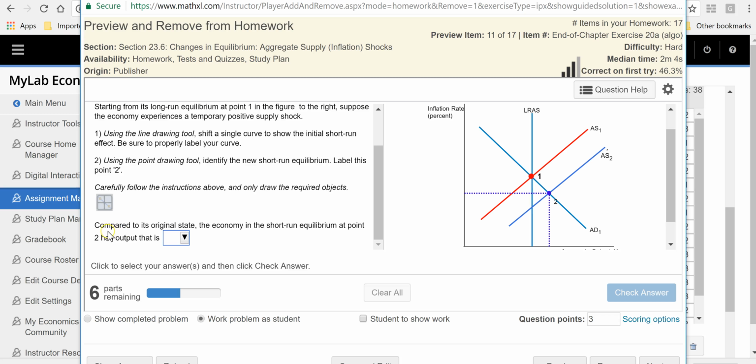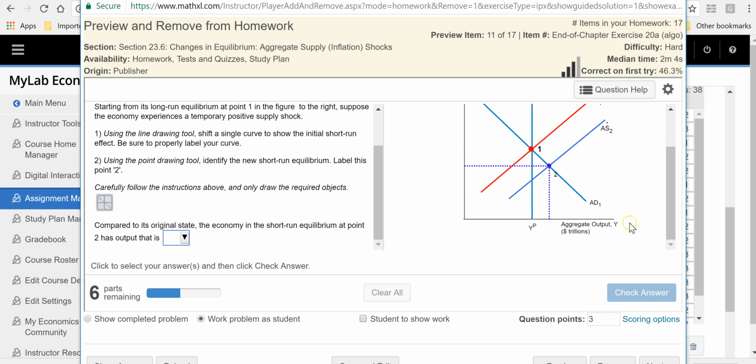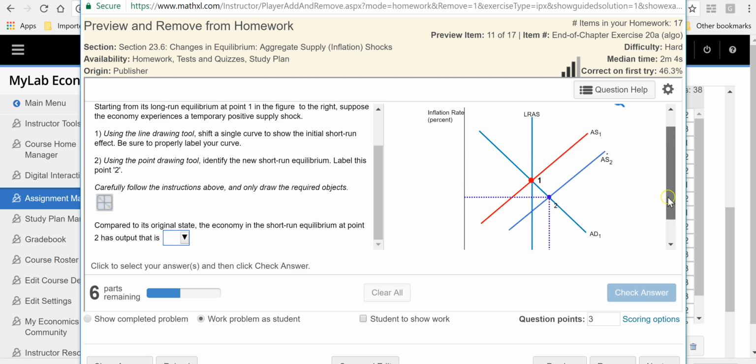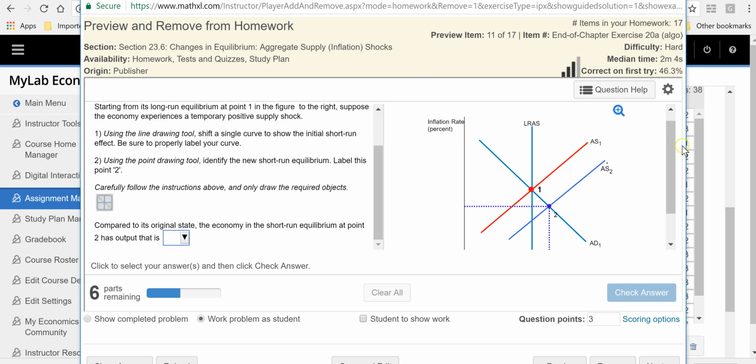So now let's continue. Compared to its original state, original state is 1, now the new state is 2. The economy in the short-run equilibrium at point 2 has output that is, so the horizontal axis here is the output, aggregate output. The vertical axis here is the inflation.